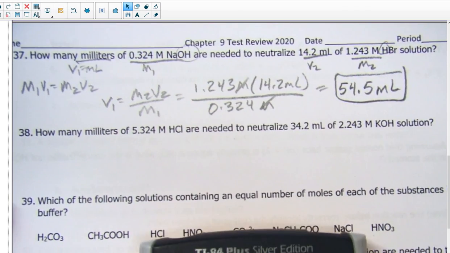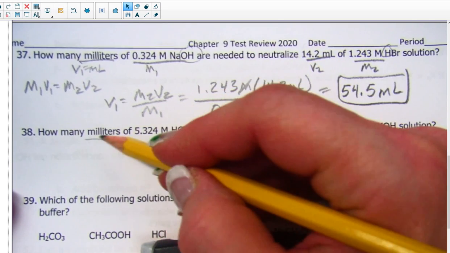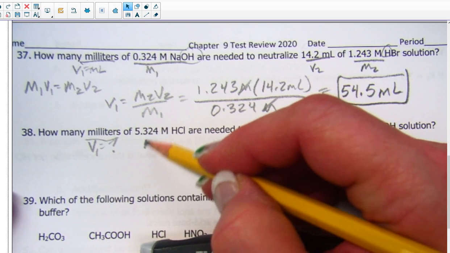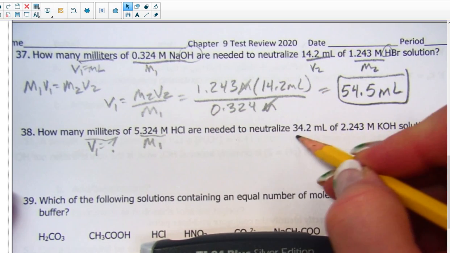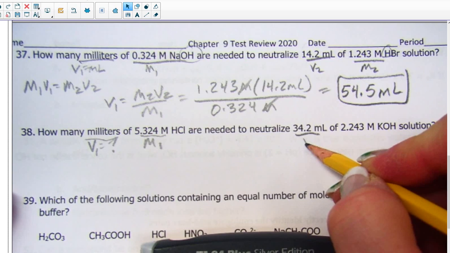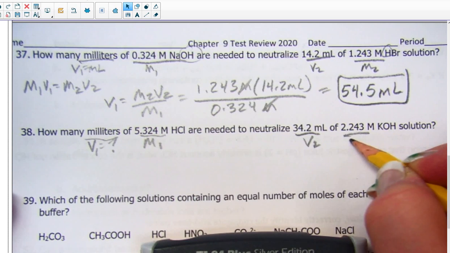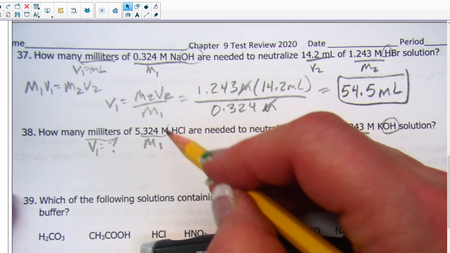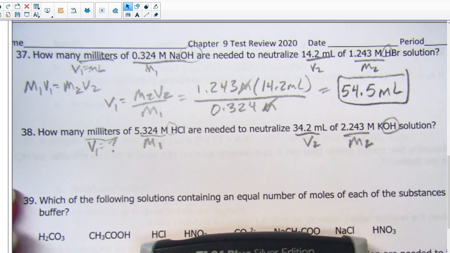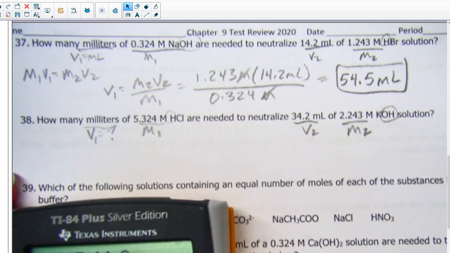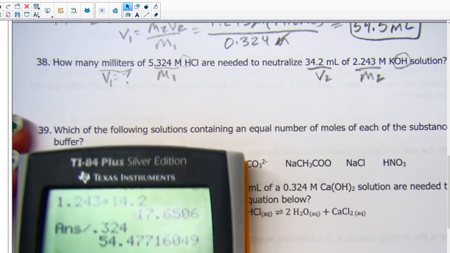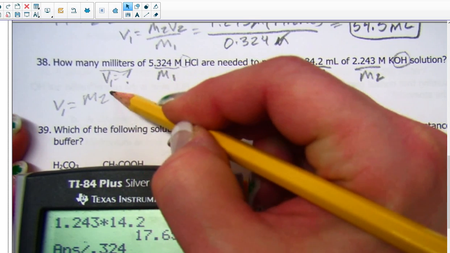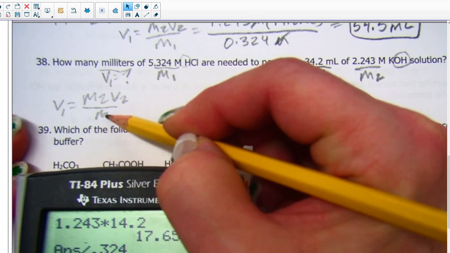Okay, next one up. Again, how many milliliters? So V1 equals question mark. We've got M1 here. We've got V2 here, and we've got M2 here. Check. 1 hydroxide, 1 H, so I can go right to the equation. I don't have to use a balanced equation. So again, we're going to use V1 equals M2V2 divided by M1.